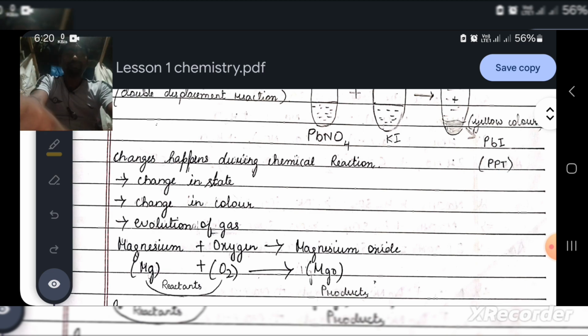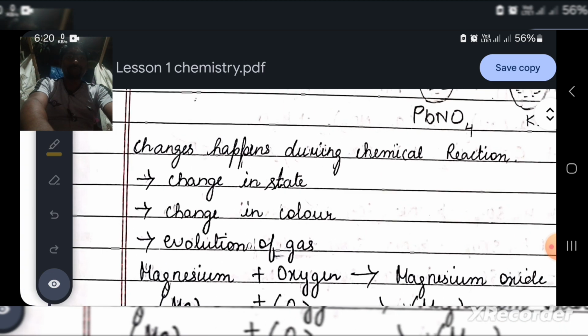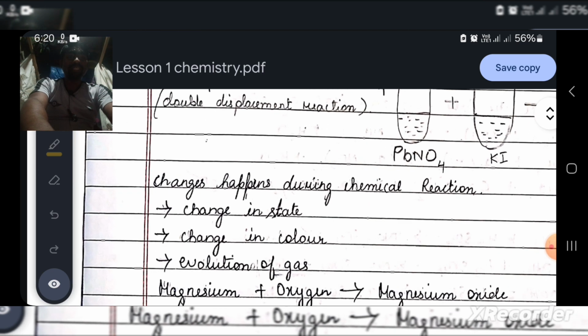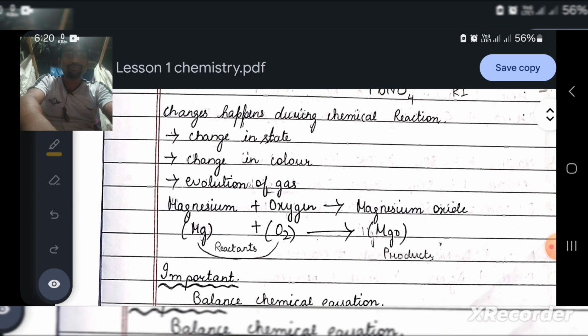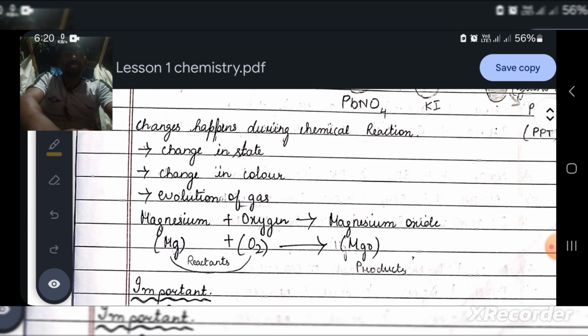Now you can look here. What is the topic? Changes that happen during chemical reaction. What type of changes can happen during reactions? Look, change in state means the liquid can become solid.